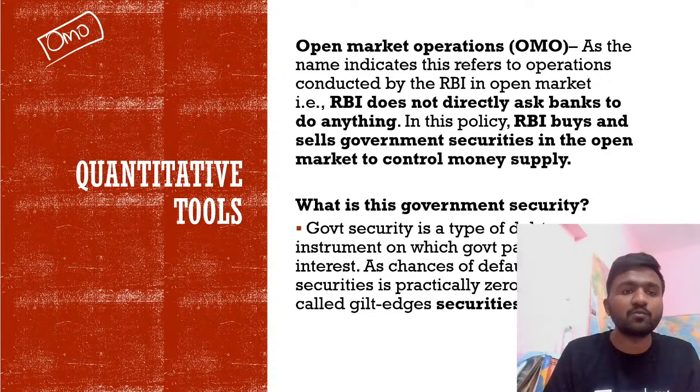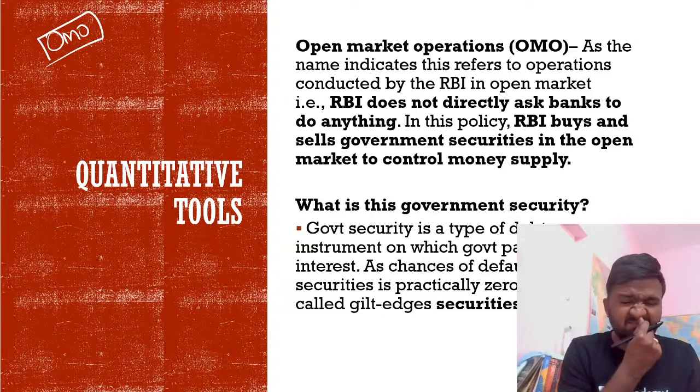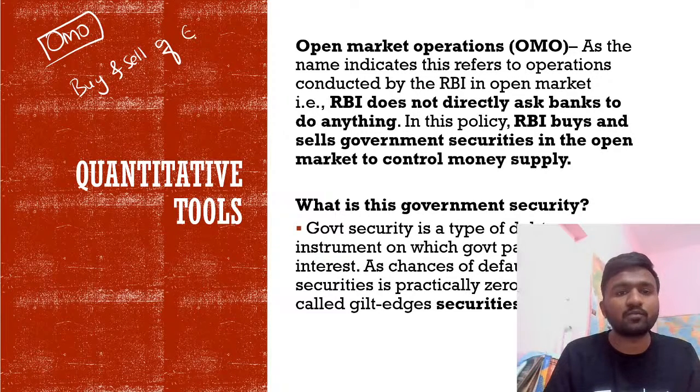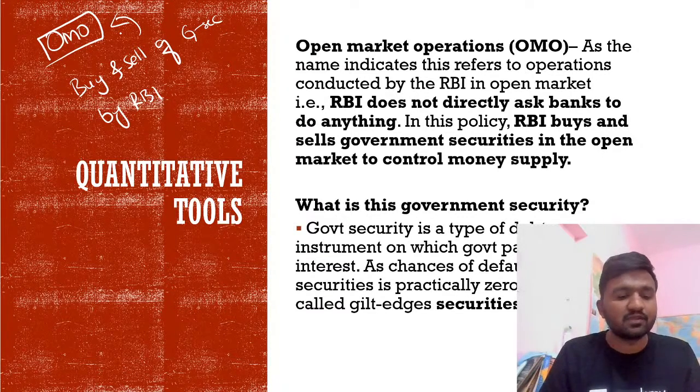What do you mean by open market operation? In simple words, buying and selling of government securities by RBI is called open market operation. Then why will they use this, sir? I will tell you a simple idea.